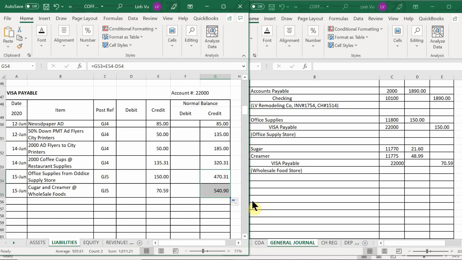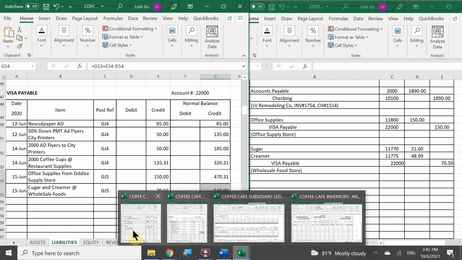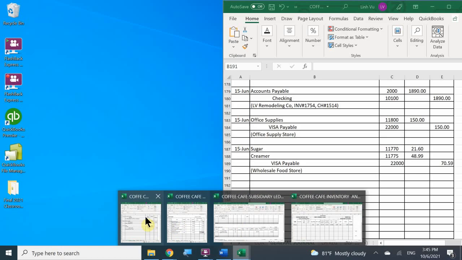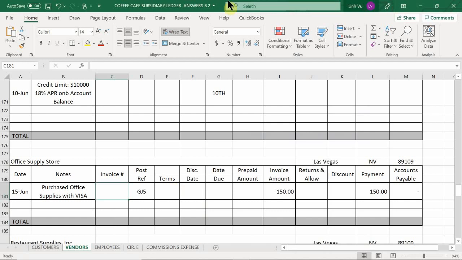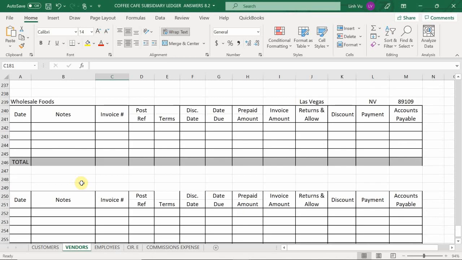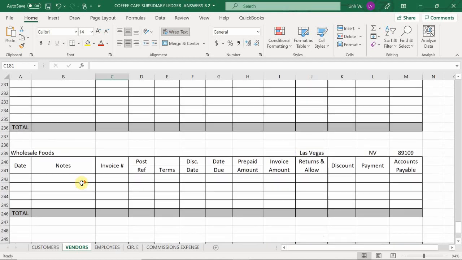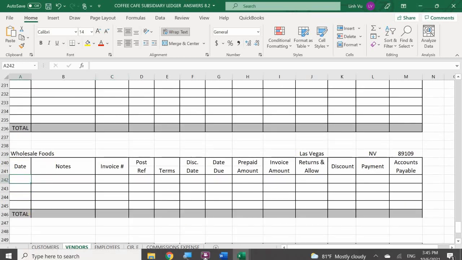Oh no, we have to post to the subsidiary ledger. We have to do the whole food store. So we have the 15.